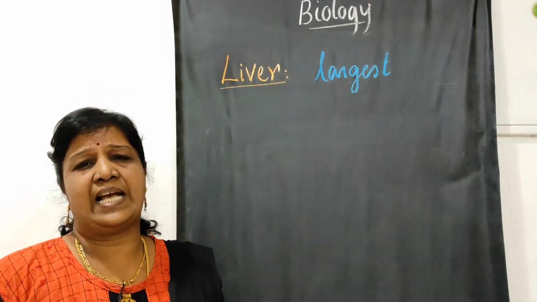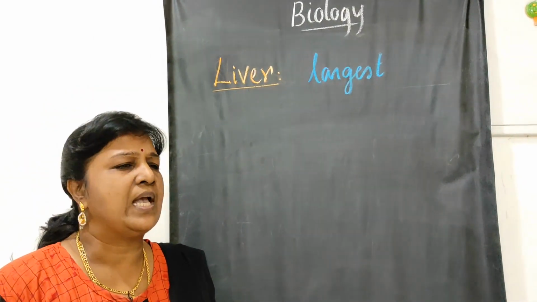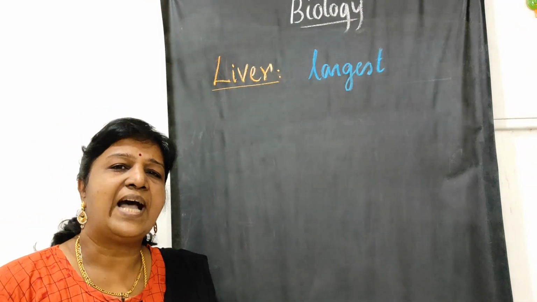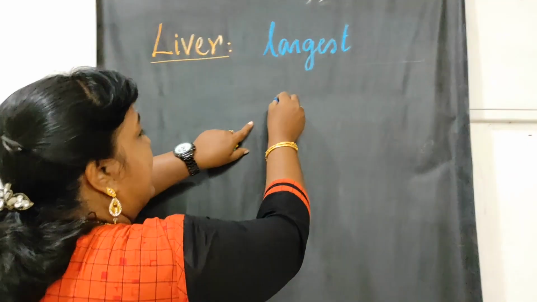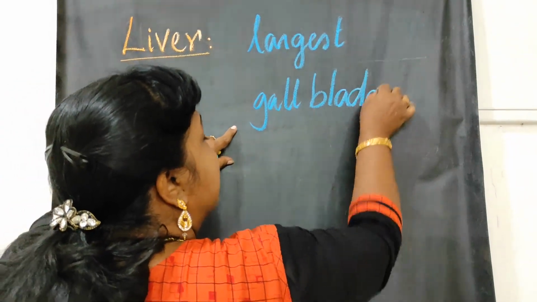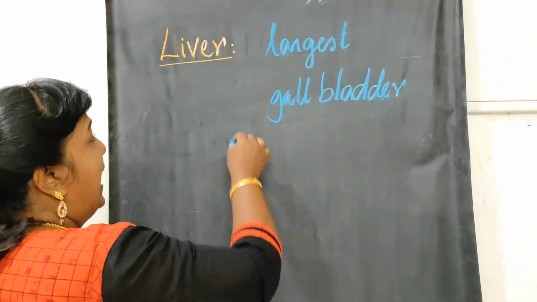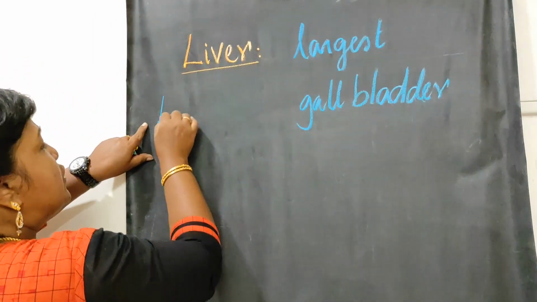It is reddish in color and is divided into two main lobes, the right and the left lobes. On the undersurface of the liver, there is the gallbladder, and the liver secretes a juice called bile juice.